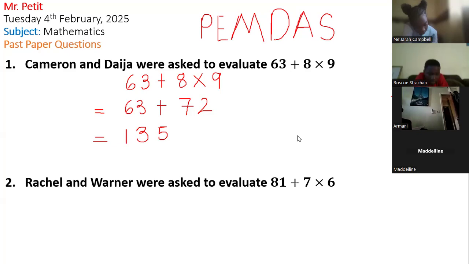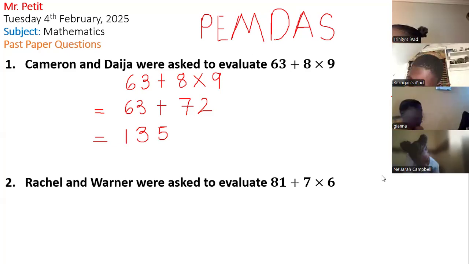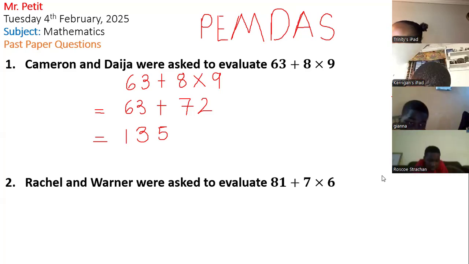Write this down, and then put the answer inside the chat. So we have Rachel and Warner were asked to evaluate 81 plus 7 times 6.